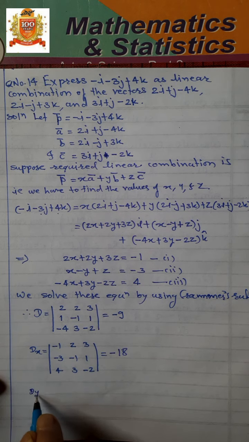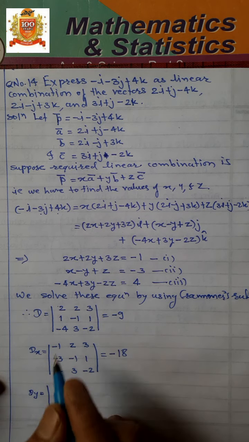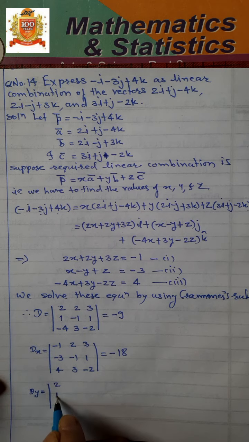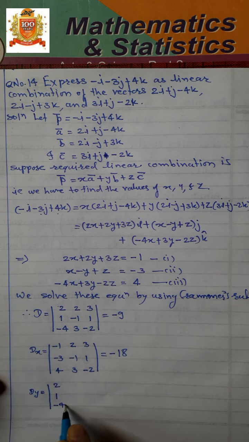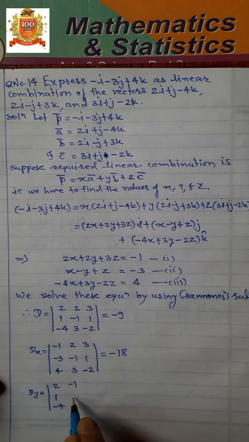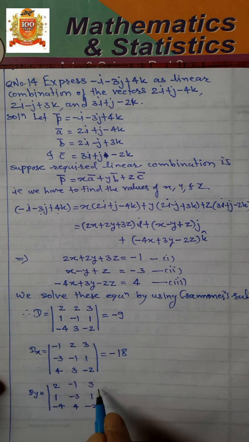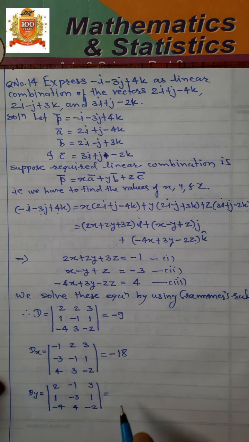Dy is equal to, write down 2, 1, minus 4; minus 1, minus 3, 4; 3, 1, minus 2. After solving this determinant, you will get the value of Dy is equal to minus 18.